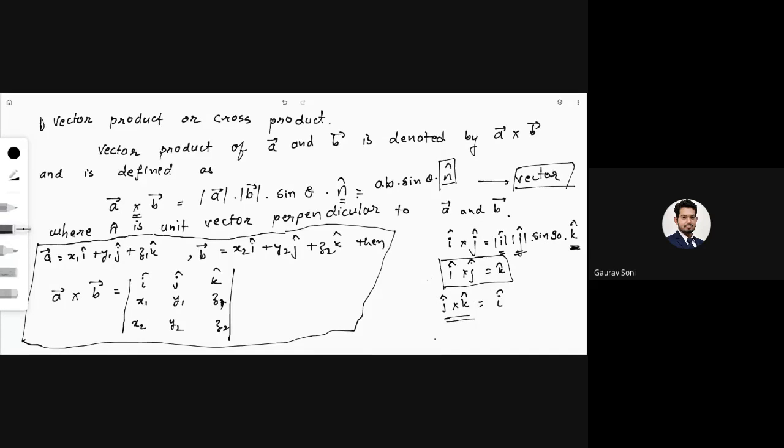Now we'll see what happens when I is multiplied to I. So modulus of I, modulus of I, sine of angle between them, it is 0, and a vector perpendicular to both of them. I can take j or k, whatever. But sine 0 is 0. So I cross I is 0 in this case. Am I clear to everyone? If you have any difficulty, ask right now.